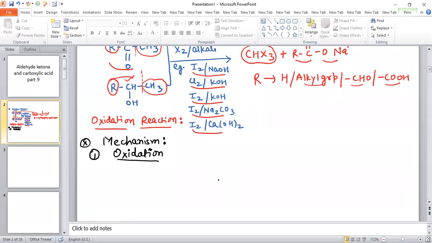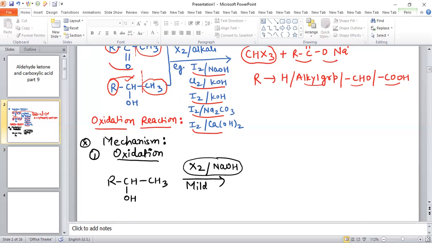So how does oxidation take place? If the compound given is like RCH(OH)CH3, first of all when we use halogen in presence of alkali like NaOH, this pair of reagents, halogen plus alkali, behaves as a mild oxidizing agent.